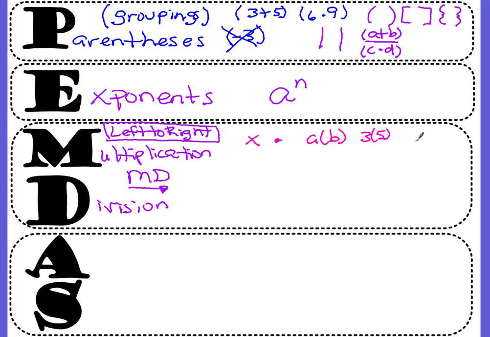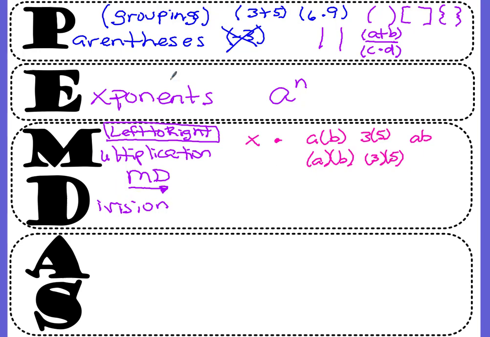If they're two letters, you'll see them written together, AB. That means multiply. You're going to multiply A times B. You could also see them both in individual parentheses. A times B, or if they're two numbers, 3 times 5. These all represent multiplication, and you need to get used to seeing them this way.